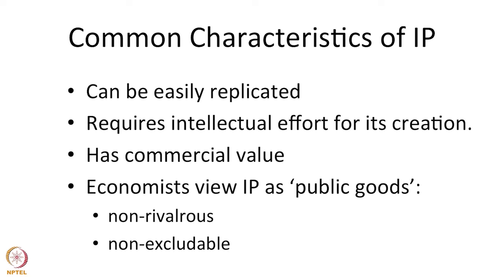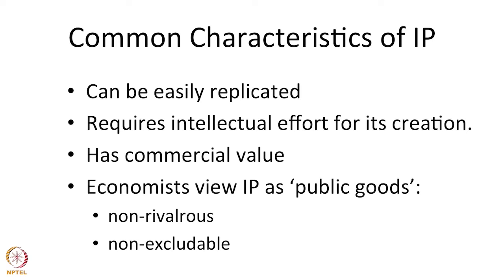Now I ask this question, how much does it cost Microsoft to come up with the first copy of Windows? Say Windows 7. It'll be a few million dollars because you look at their R&D, their investment, their staff salaries, a whole lot of things would have gone into creating the first copy of Windows 7. How much does it cost anyone to make another copy of Windows 7? Next to nothing.